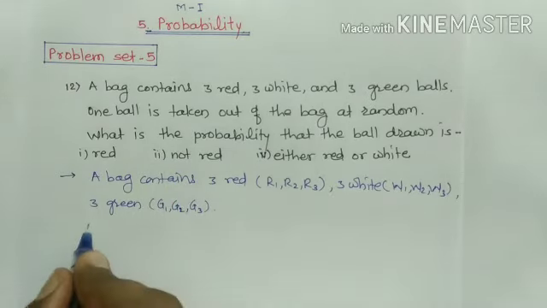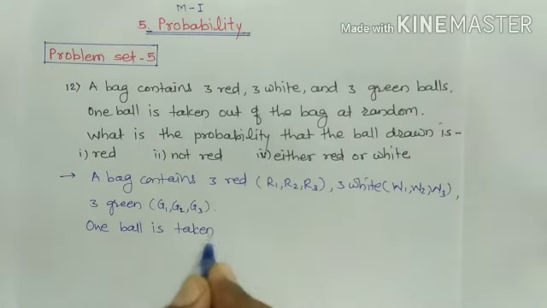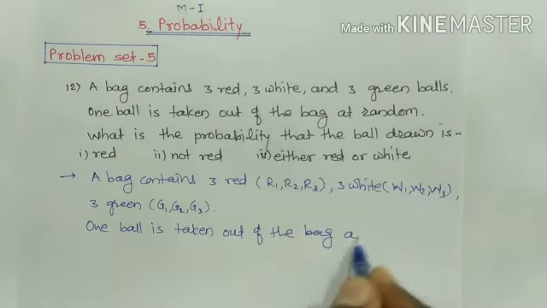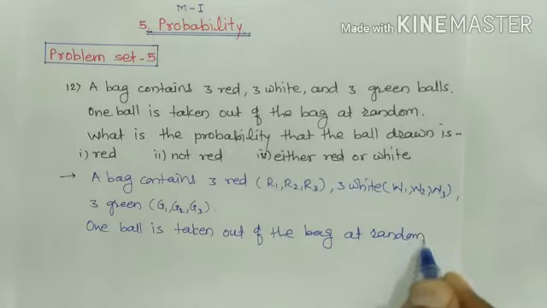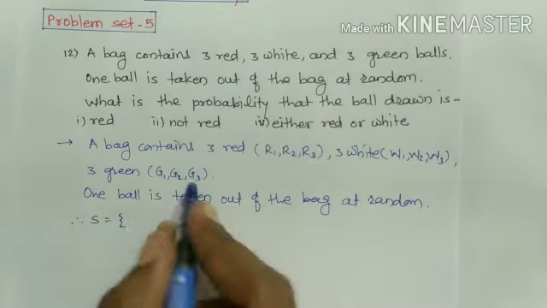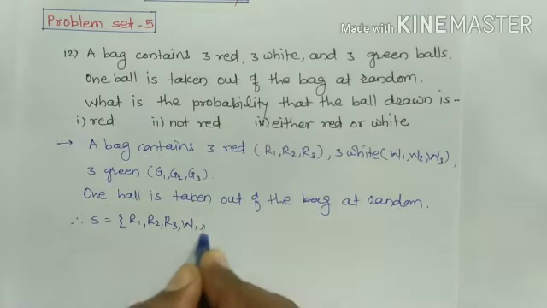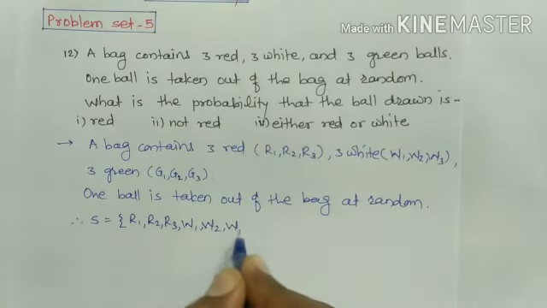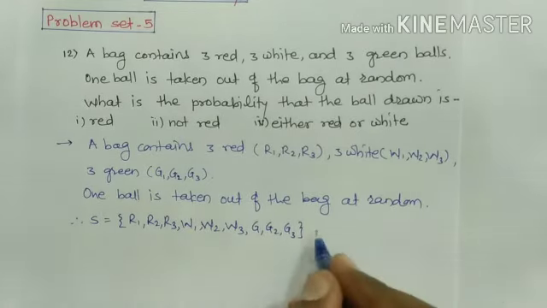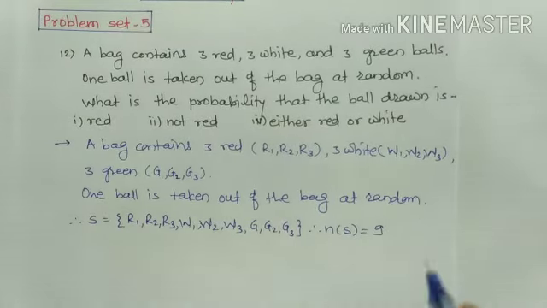This is the random experiment. So the sample space, that is all the possible outcomes, is either R1, R2, R3, W1, W2, W3, G1, G2 or G3. And therefore the number of sample points in this sample space is 9.